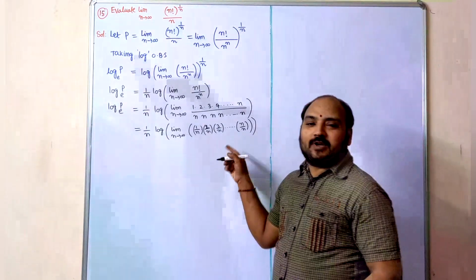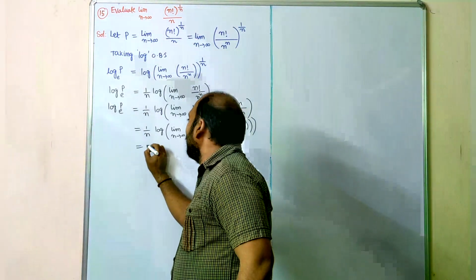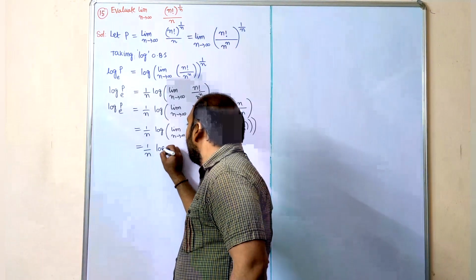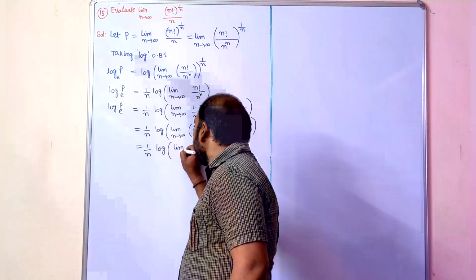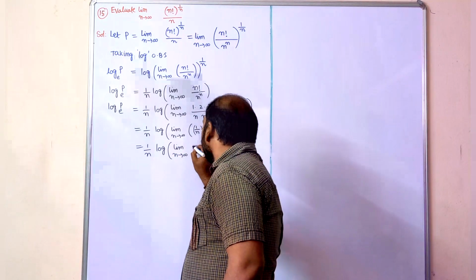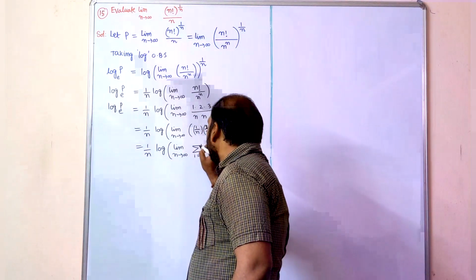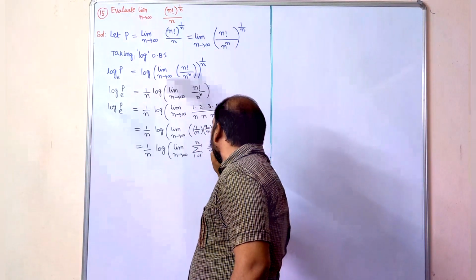So this I am going to write as sigma 1 by n log of limit n tends to infinity, sigma i equal to 1 to n, i by n.